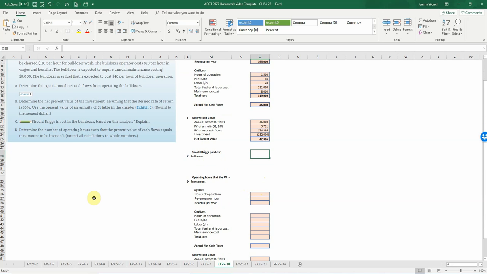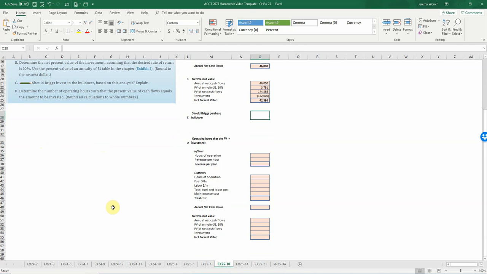All right, and so in part D, it says determine the number of operating hours at which such net present value vehicle cash flows are not to be invested. Okay, so basically what it's asking is, how many operating hours will give us a net present value of 0?